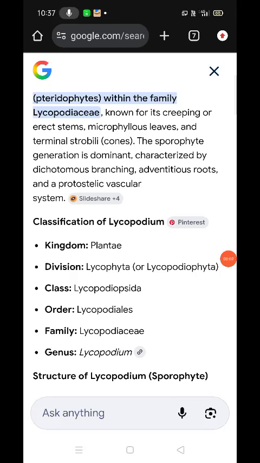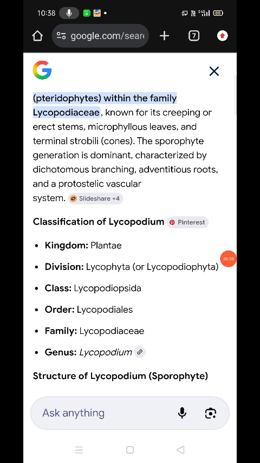Hello student. Today we are going to talk about a new topic from the pteridophytes, and today we are going to discuss Lycopodium.